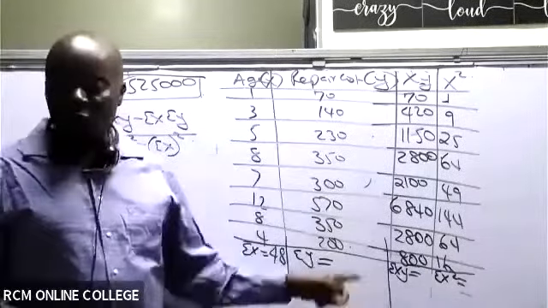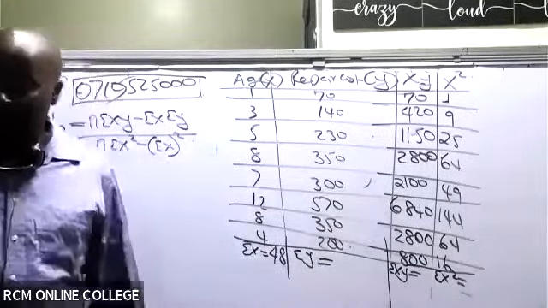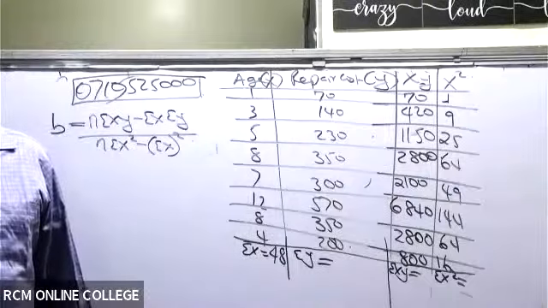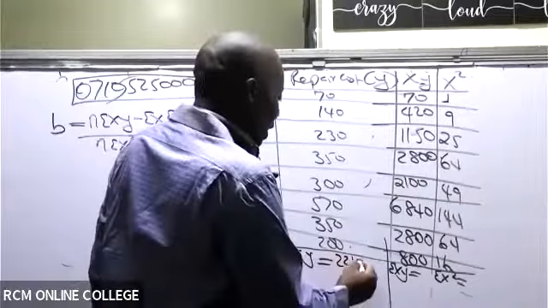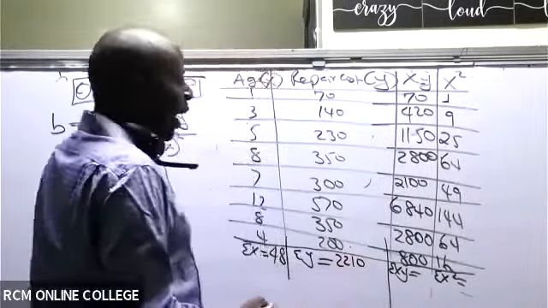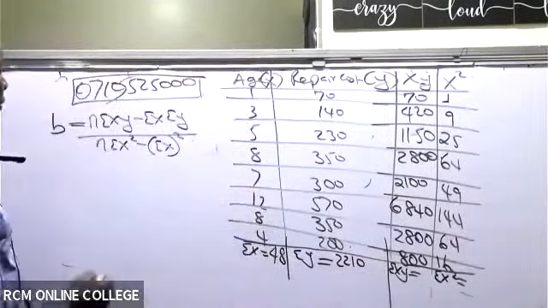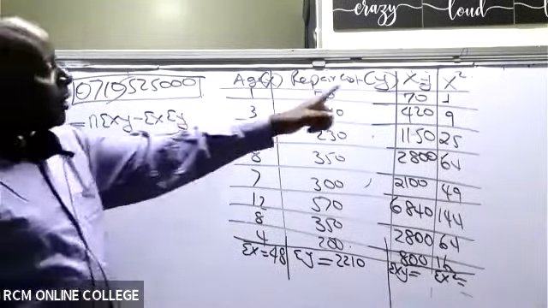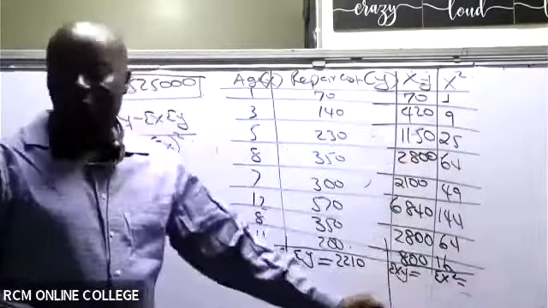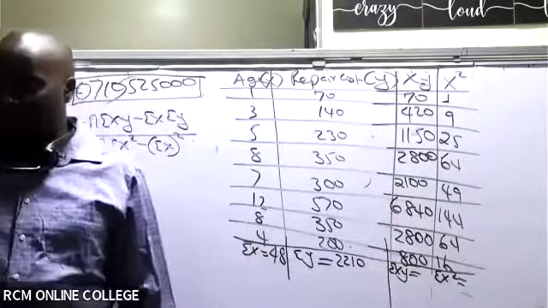How about the summation of y? Do we have anybody who could be having the summation of y? 2210. So this is 2210. How about the summation of xy? Can somebody give me that summation of xy? Anybody who could be having this answer?